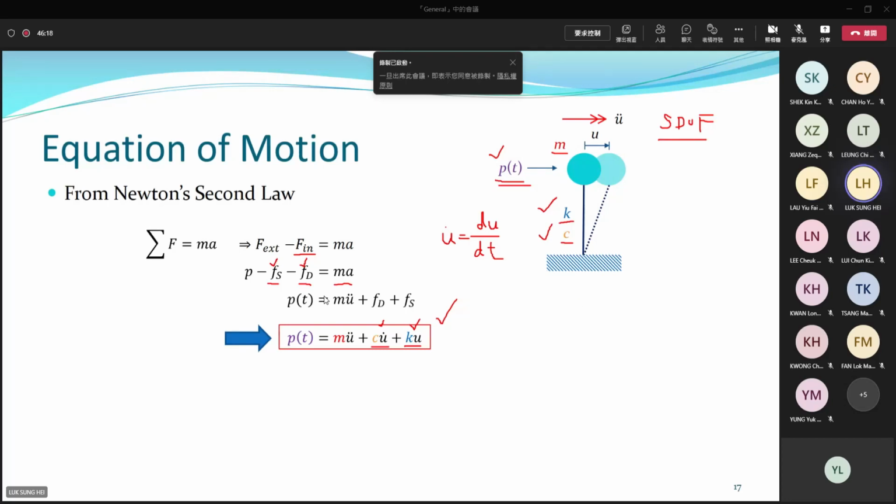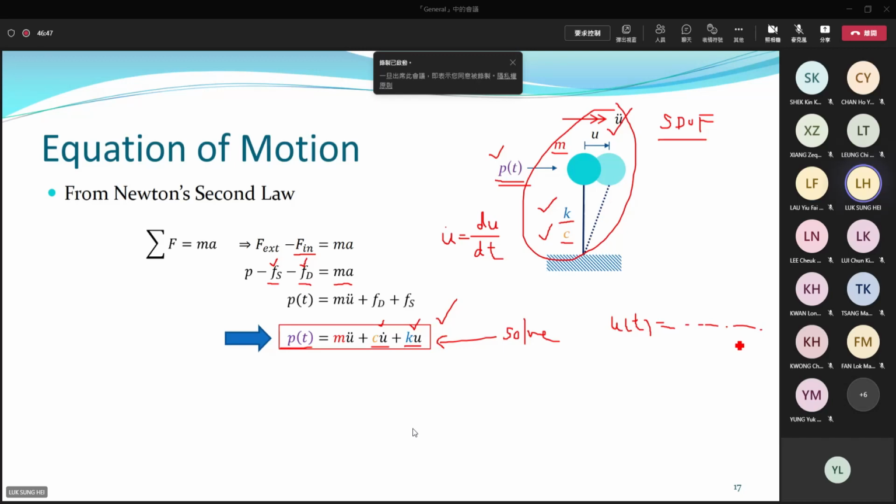If you want to understand the behavior of this single degree of freedom system, how it oscillates, how it moves, how it accelerates, then your task is to solve this equation under the applied loading. Depending on the function of the loading, you can solve it mathematically, and find the expression of u equal to something. It becomes a mathematical problem.